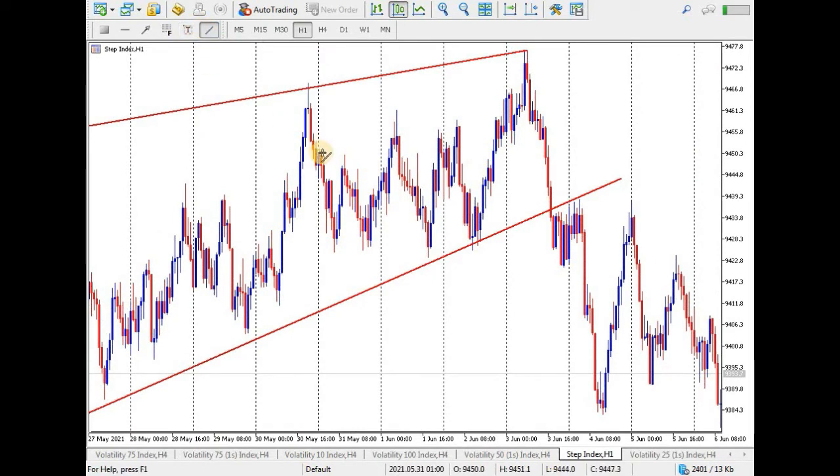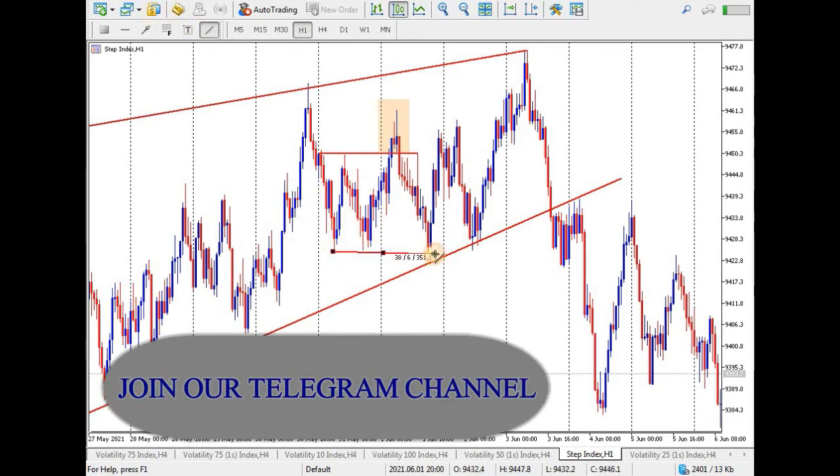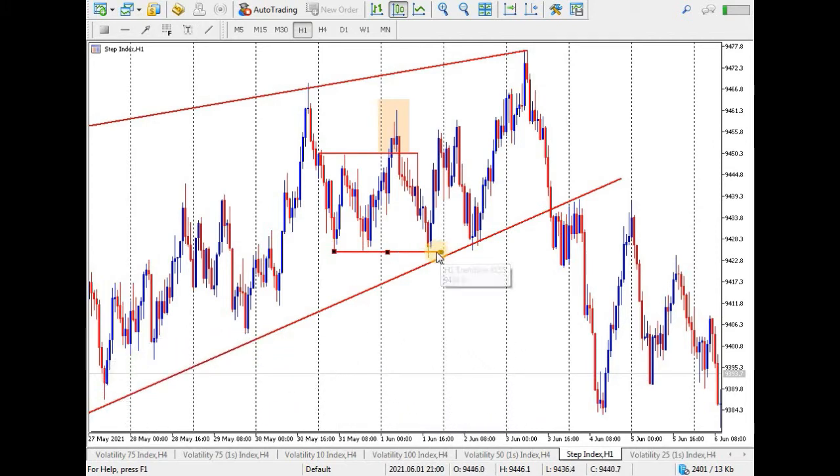As you can see, this was our previous lower high here, and then the market has given us an engulf. As you can see, this was our engulf and another structure breaker here. This was our previous higher low, and the market has given us another engulf here.